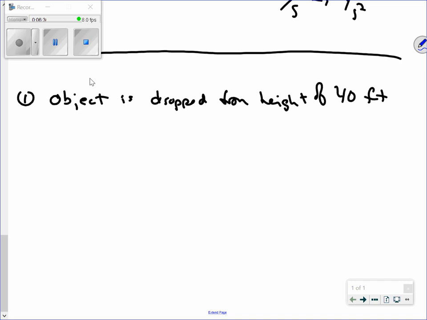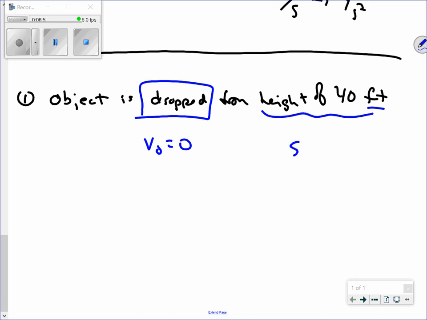First of all, you're working in the English system, so you're going to want to start with that position function that has the negative 16 in it, not the negative 4.9, because you see the feet here. The second thing, you're told it is dropped, and that tells you that the initial velocity is 0. You're just letting it go, starting out at rest. And then you've got the initial height of 40.